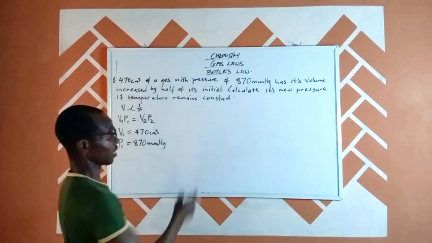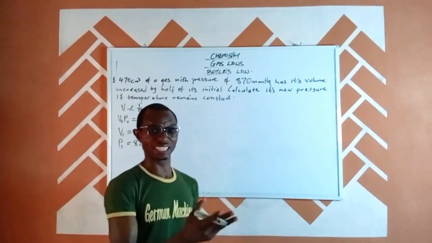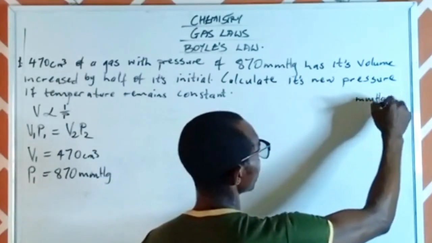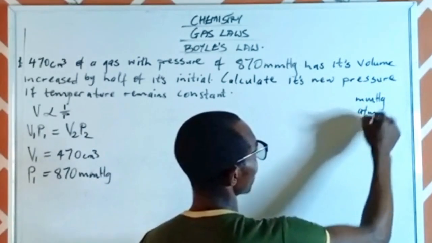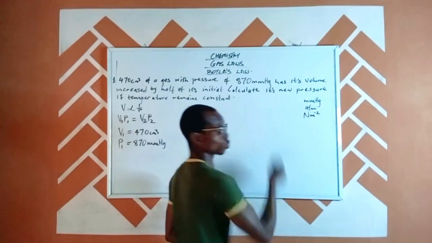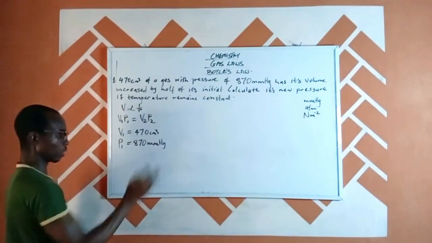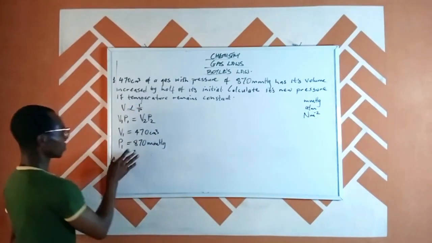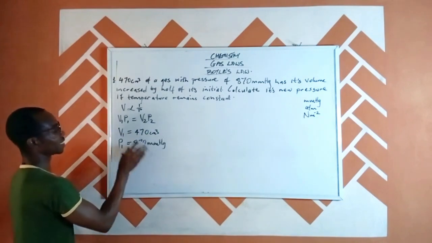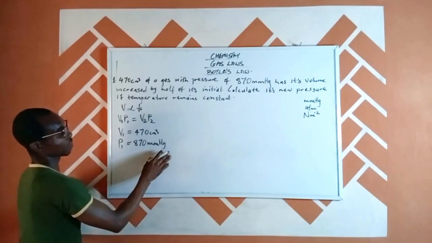It should be noted that your pressure could come in at least three forms. Your pressure could come in form of millimeter mercury, it could come in form of atm, it could also come in form of Newton per meter square. It could come in any of those three or even more, but at least I'll be making use of this. Now, we have our V1 to be 470 centimeter cube and our P1 is 870 millimeter mercury.